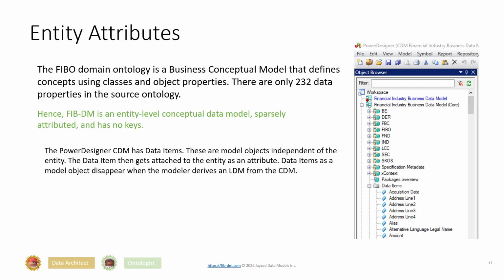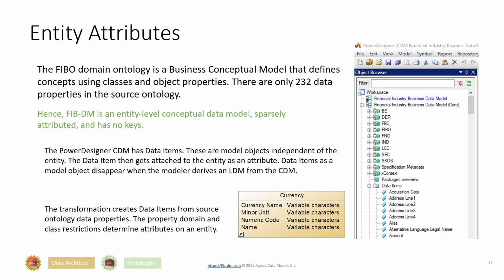And likewise, if we import FIB-DM, the CDM, into ERWin, we will only see entity attributes, not data items. And then the transformation creates data items from source ontology data properties. The property domain and class restrictions determine attributes on an entity.